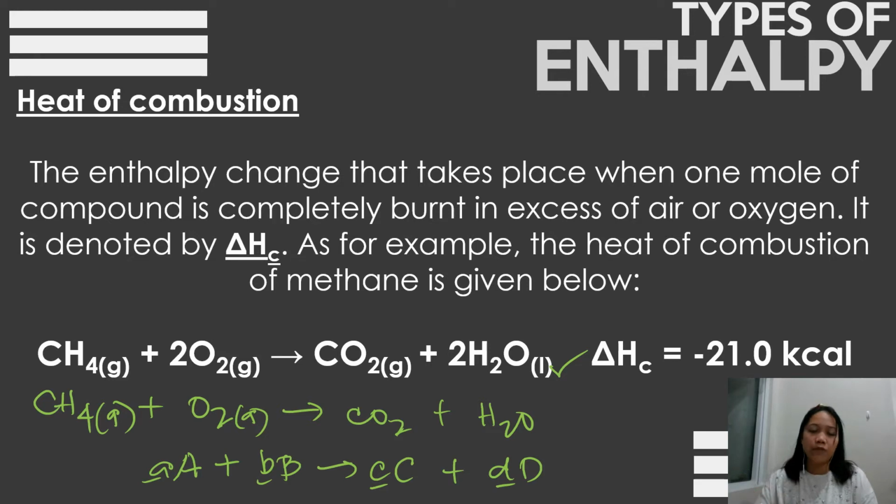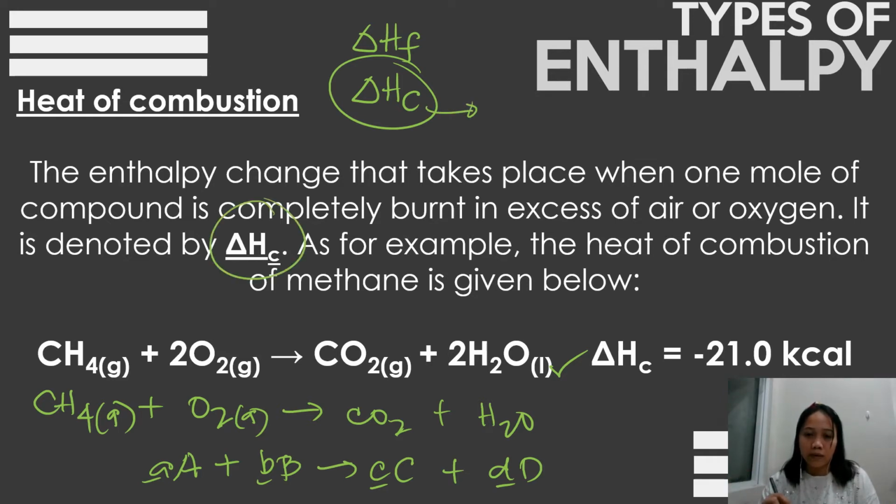So for the heat of combustion, if in formation we are using delta HF, in combustion we are using delta HC. That means you could also see enthalpy changes wherein there is a C as a subscript. That means that the chemical reaction involved is actually combustion.